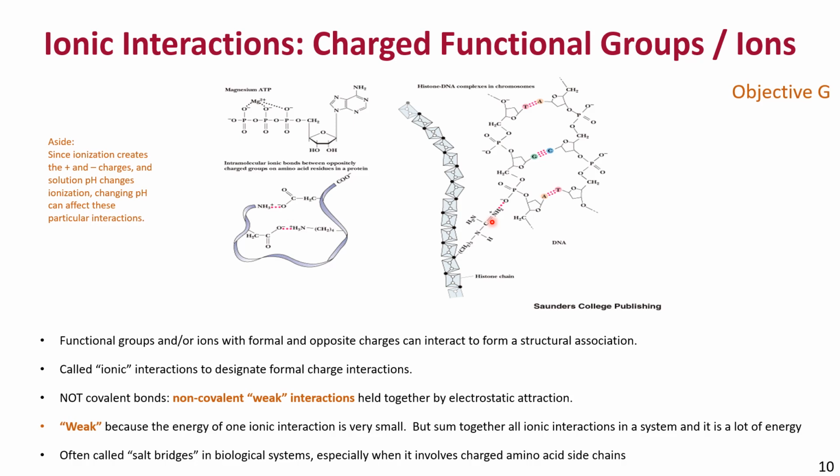It's tiny, it's negligible. But there are so many ionic interactions within a protein or protein-DNA or molecules or whatever that it adds up to quite a bit of energy. And we'll develop that idea a little bit better later. So the idea is that you have charged groups, they can form ionic interactions, and we'll talk about those coming up.